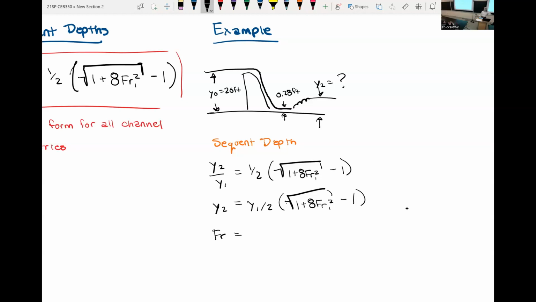How do we do that? What's the equation? We can use the general form or the one specific to a rectangular channel, since we do have a rectangular channel.